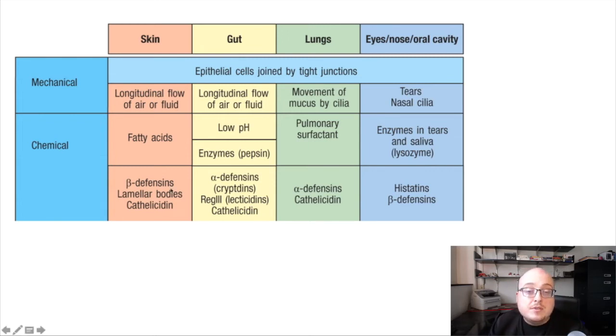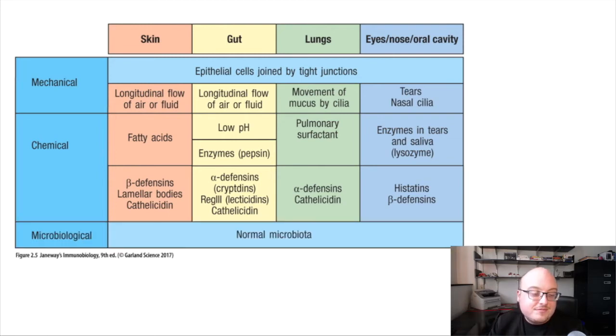Defensins are one example of this, so there are different types of defensins in different parts of the body. We're going to talk about a couple of examples of these antimicrobial proteins later in this lecture. But overall, what I want you to appreciate is that we have these chemical strategies in all of our various body tissues that are very effective as a very primitive first line of defense against microbes.